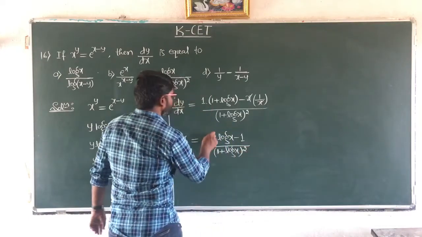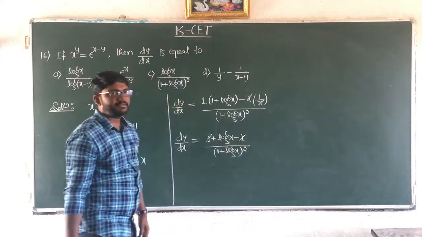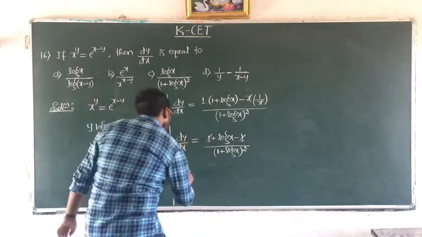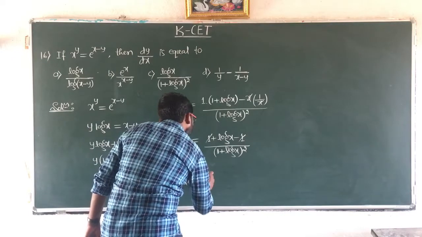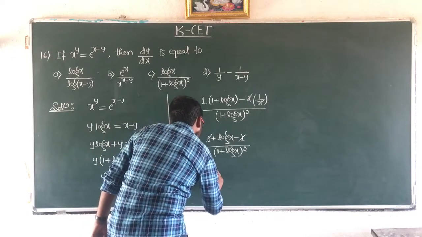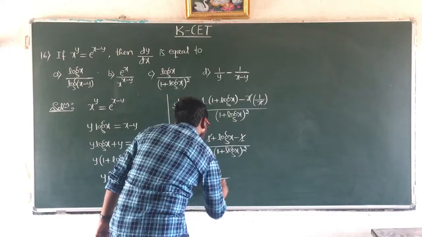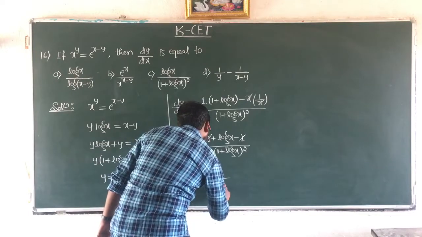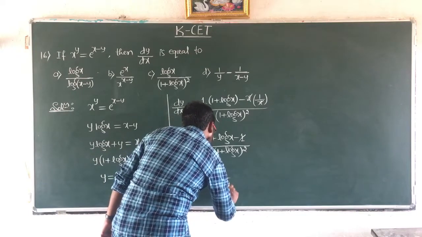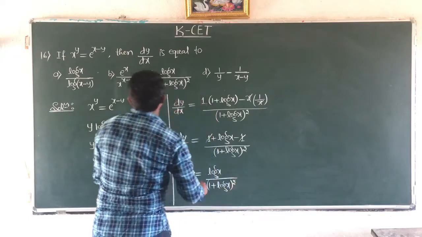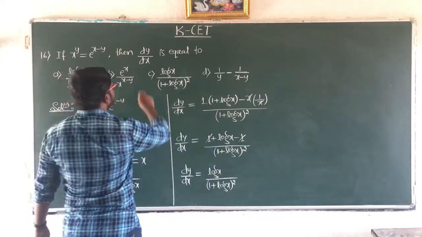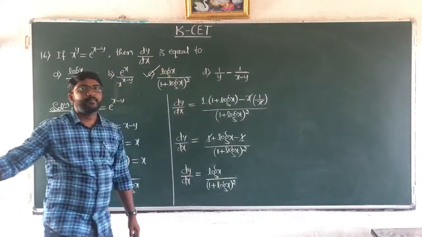So here plus 1 minus 1 get cancelled, we get log x divided by 1 plus log x the whole square. So which is the option number? It is option number C.